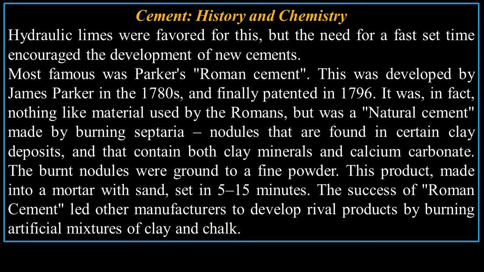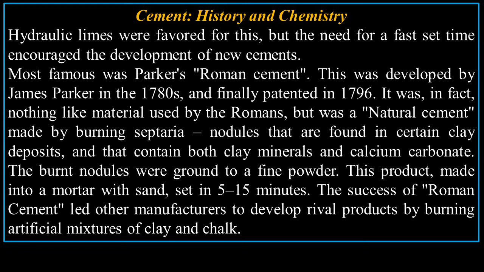Most famous was Parker's Roman cement. This was developed by James Parker in the 1780s and finally patented in 1796. It was in fact nothing like the material used by Romans, but was a natural cement made by burning septaria, nodules that are found in certain clay deposits and that contain both clay minerals and calcium carbonate.